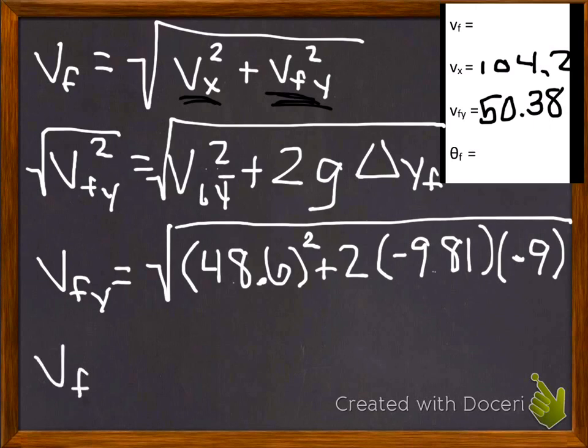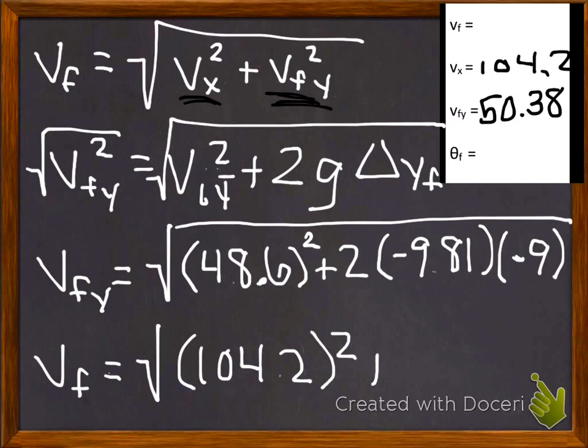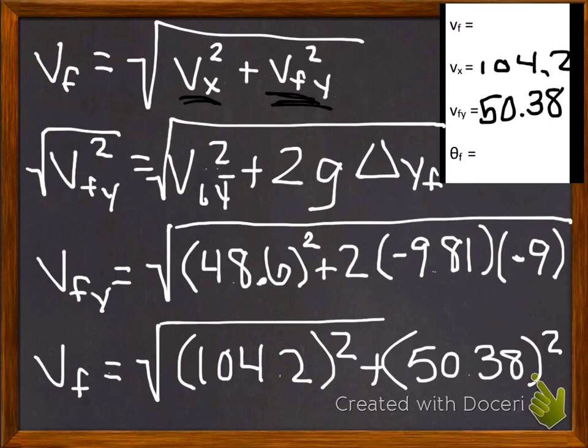So that will look like, remember to start the square root, we have 104.2 squared plus 50.38 meters per second squared. Take a square root of that whole thing, and you will find the overall final velocity of the cannonball is 115.74 meters per second.